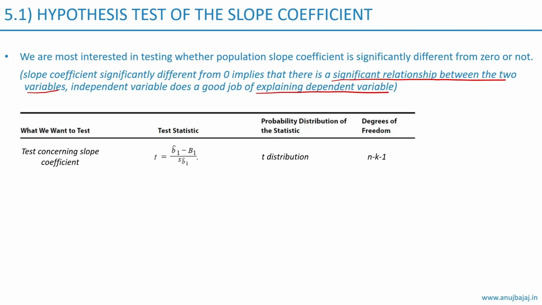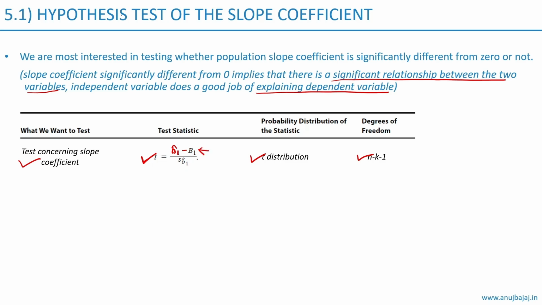So here we are conducting the hypothesis test concerning the population slope coefficient, and instead of using the F-stat, we use the t-stat. The probability distribution that the test statistic follows is the t distribution, and this is the degrees of freedom that we use to compute the critical value. The test statistic formula is the sample slope coefficient minus the hypothesized value of the population slope coefficient.